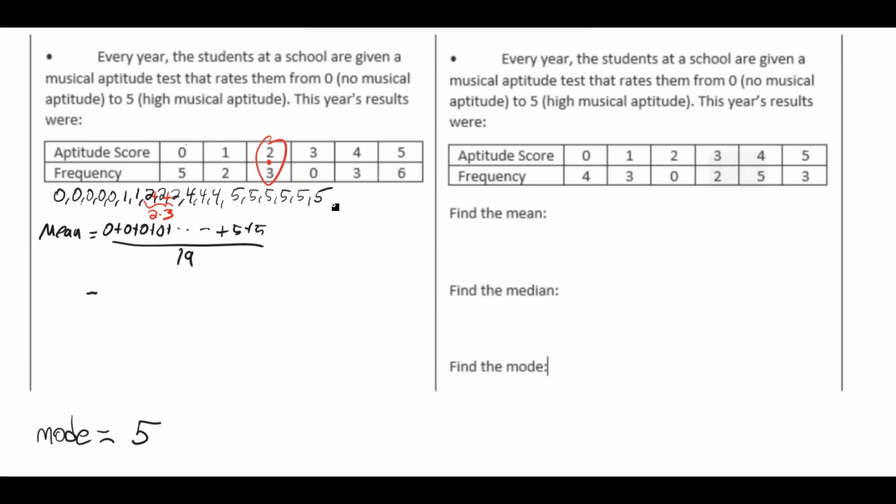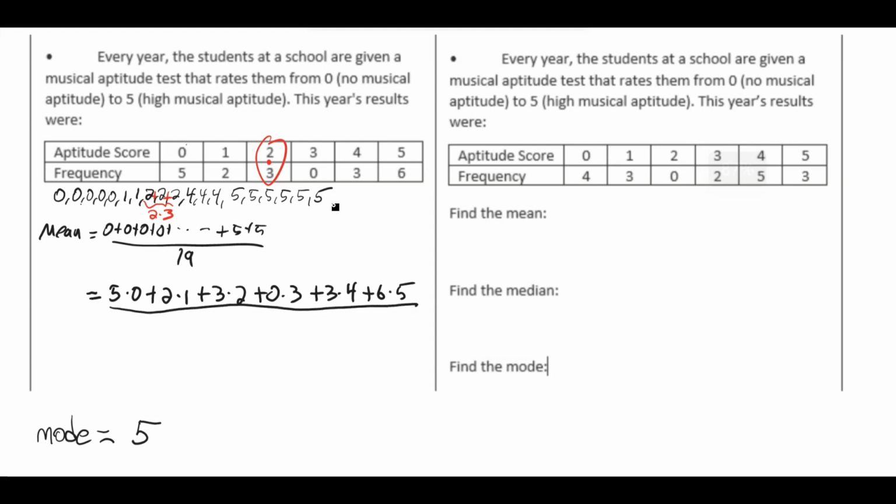So for the mean, let's do the frequency first: 5 times 0 plus 2 times 1 plus 3 times 2 plus 0 times 3 plus 3 times 4 plus 6 times 5. That will be the grand total sum of all of these numbers.